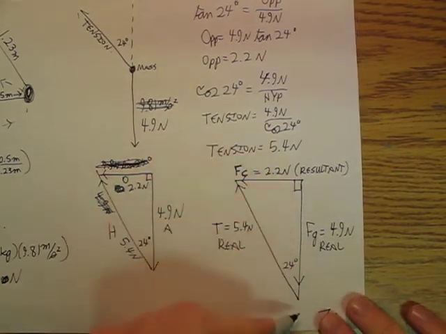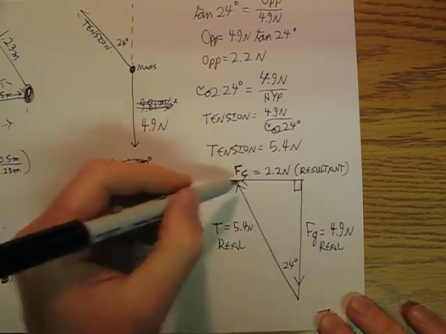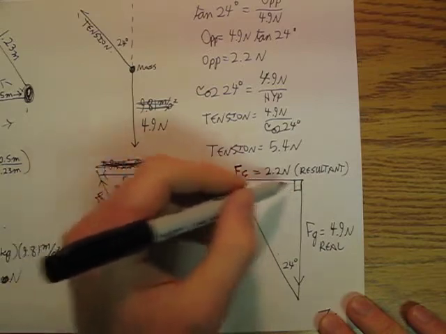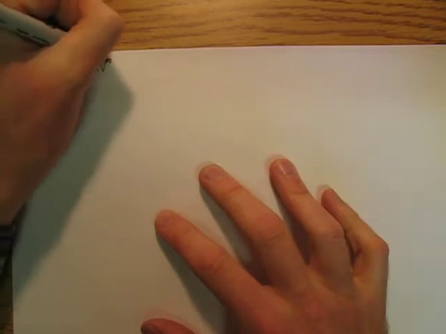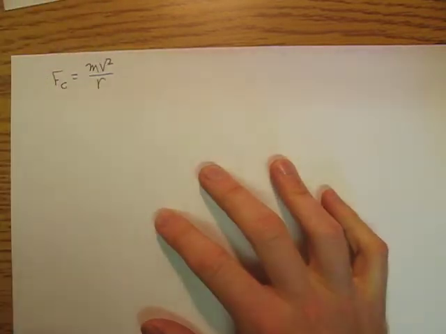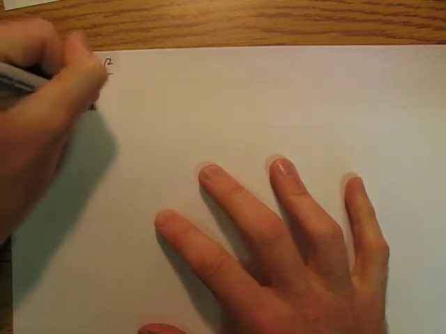the result of the force due to gravity plus the tension in the string added up to this resultant force, which is the force centripetal of 2.2 newtons. And so I have this equation: force centripetal is equal to mv squared over r. Well, I know force centripetal is 2.2 newtons.